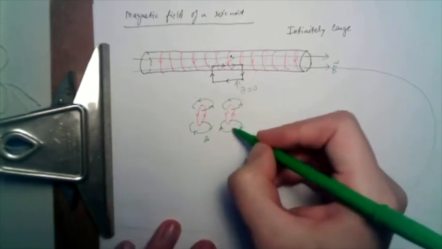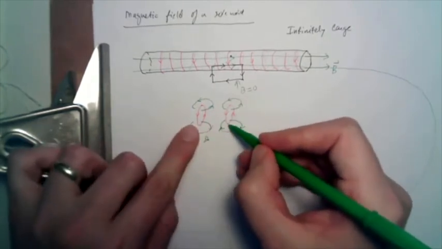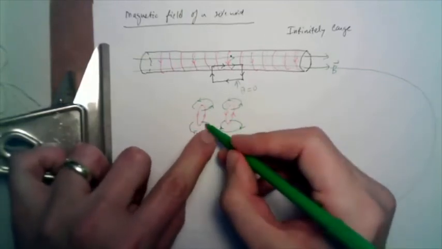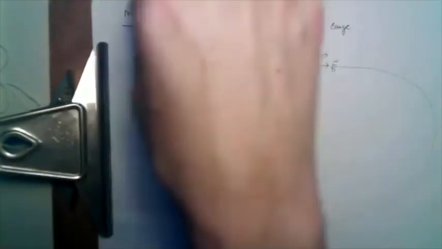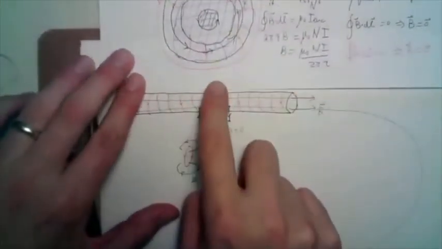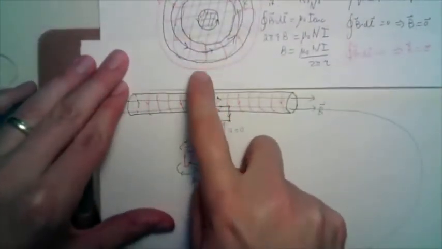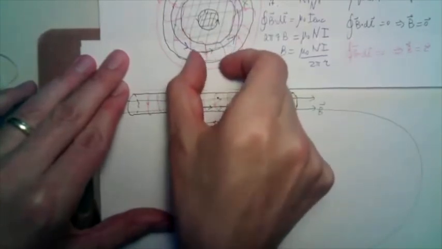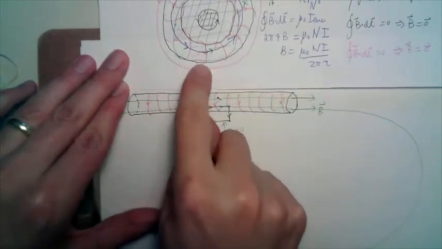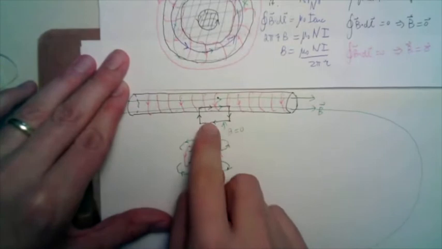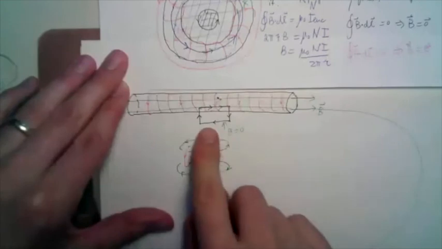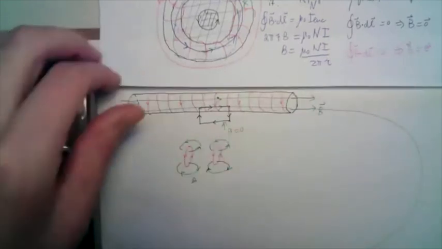So in this case too, when you put these things close together, these two cancel, so this field cannot escape. And it's therefore very similar to the torus. If you want to think about it this way, it's a section of an infinite donut. So if there's no field on the outside of the donut, then there's also no field on the outside of the solenoid. So many different ways to say the field out here is 0.